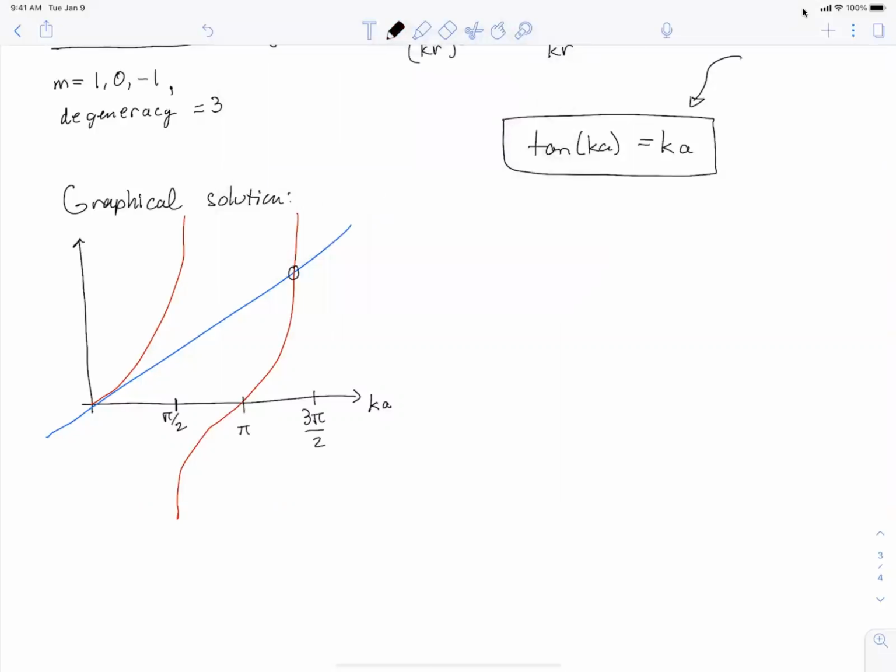This is the point where they intersect. This intersection doesn't count because that's at k equals 0, which we already said is not an independent solution. So this is not a solution. This is the lowest energy solution.